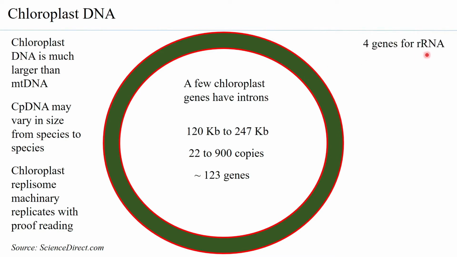Four genes are for ribosomal RNA, 20 genes are for ribosomal proteins. We all know that chloroplasts also have their own ribosomes, and genes transcribed from the chloroplast DNA are translated within the chloroplast itself.